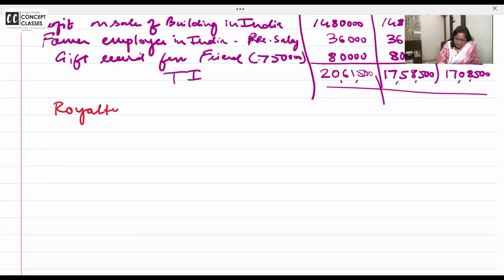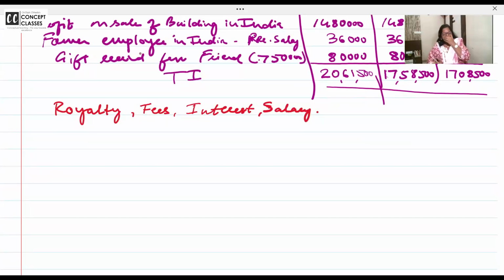Royalty, technical fees, fees, interest. We can also add salary. I'm giving it in pointer form. You can also make a flow chart. For mind mapping, students say ma'am, flow charts are easy.